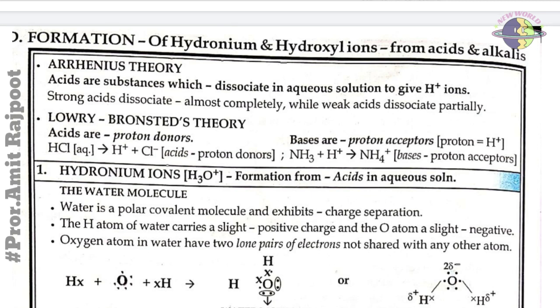Acids donate protons, meaning H plus. See the reaction where HCl dissociates in water to give H plus and Cl minus. NH3, when it gets one hydrogen ion, forms NH4 plus.